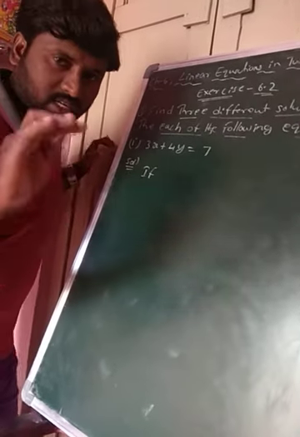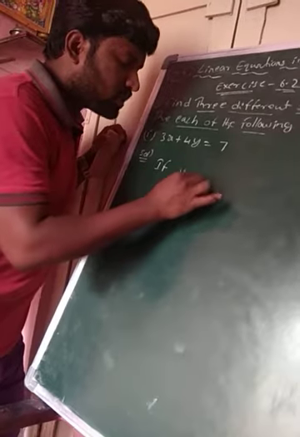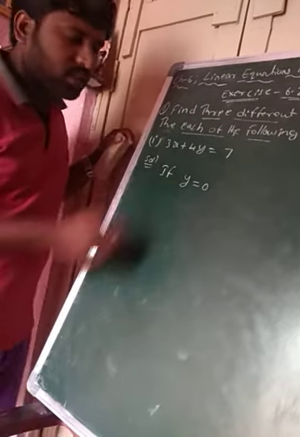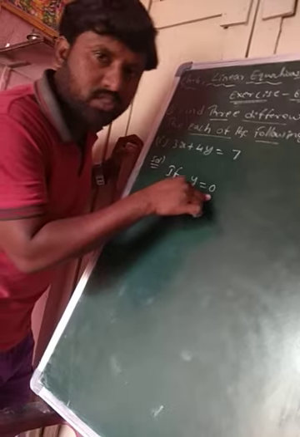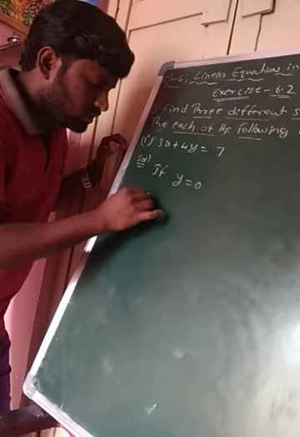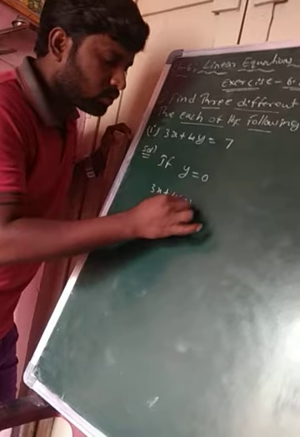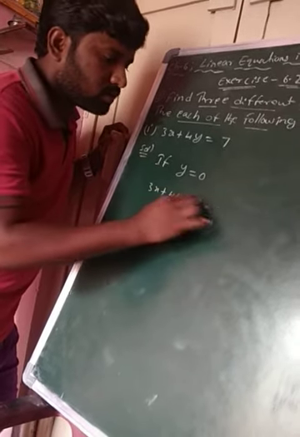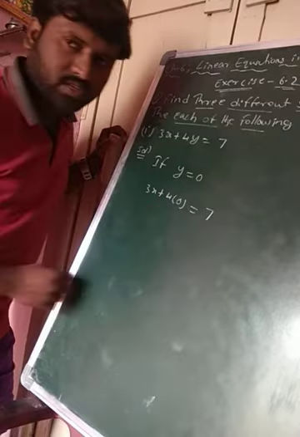Just now I took x is equal to 0. Now I am taking y is equal to 0. Then what happens? In the place of y I am going to substitute the value 0. 3x plus 4 of 0 is equal to 7.